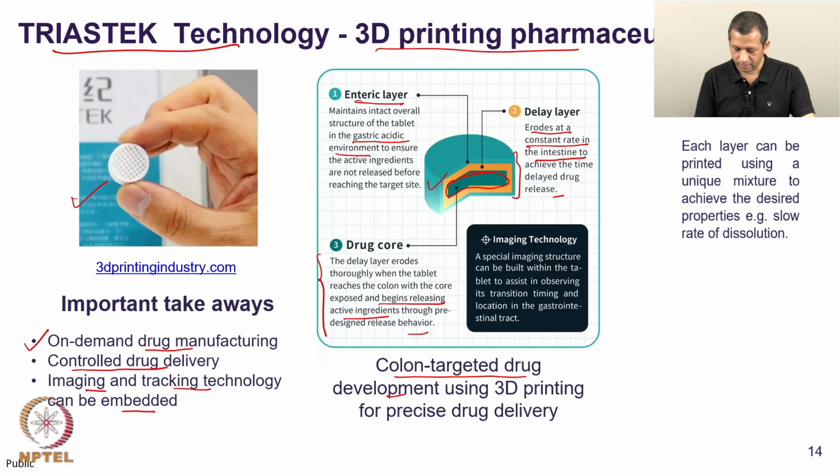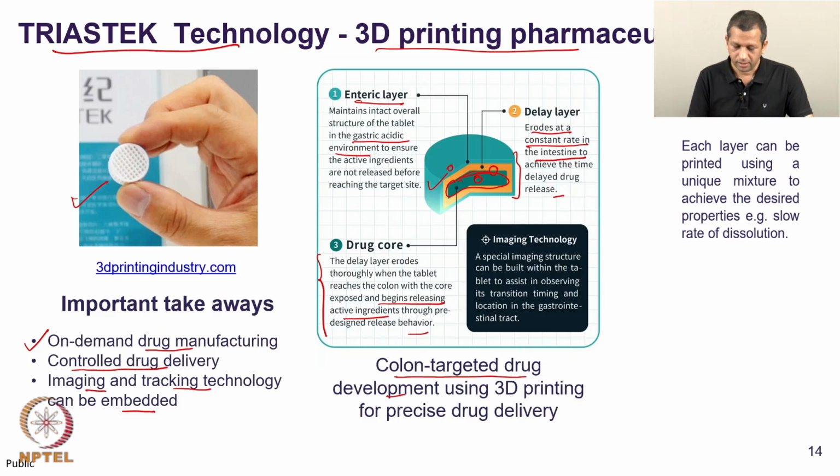As mentioned earlier, we can also introduce the tracking devices somewhere in the drug, maybe around the core area, or even imaging devices somewhere, so that the location and the condition of the tract and the colon can be figured out.